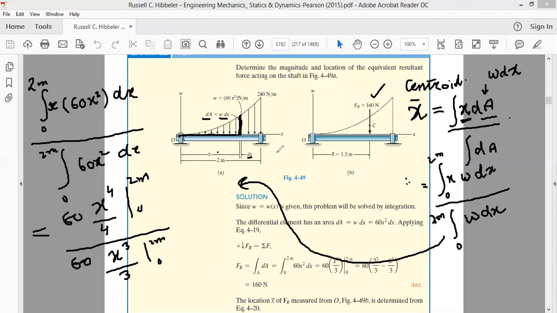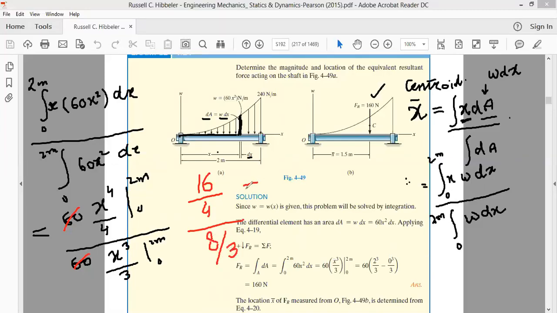That can be simplified: the 60 and 60 cancel. This can be written as x raised to power 4 with limits from 0 to 2, that is 2 to the 4 is 16, 16 by 4, divided by 8 by 3.